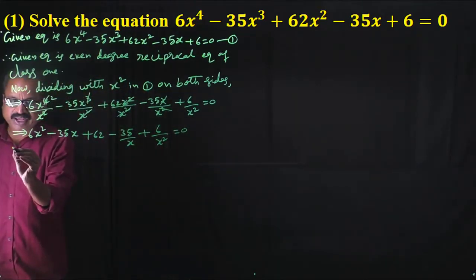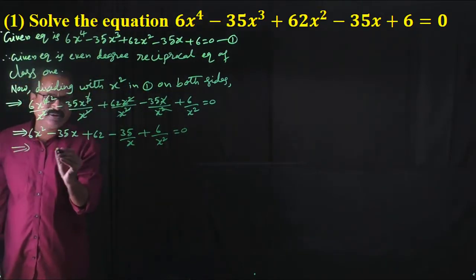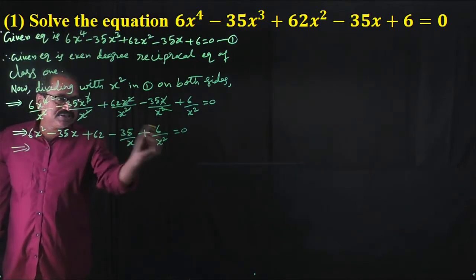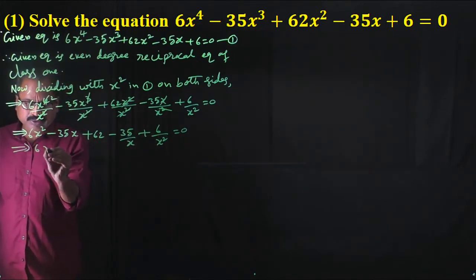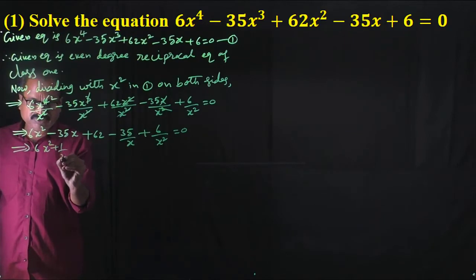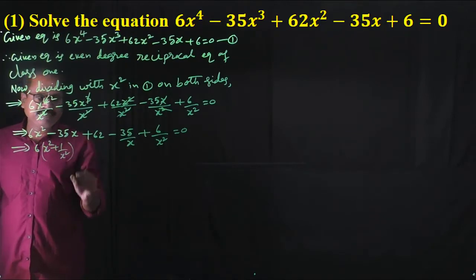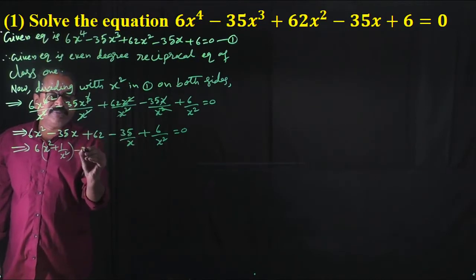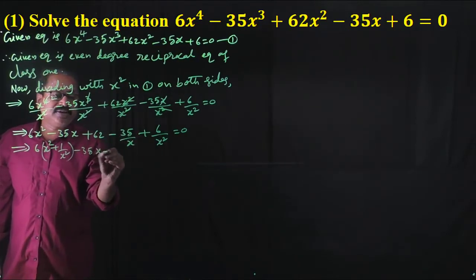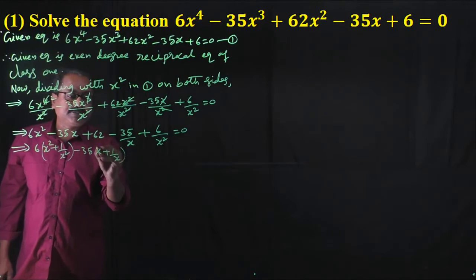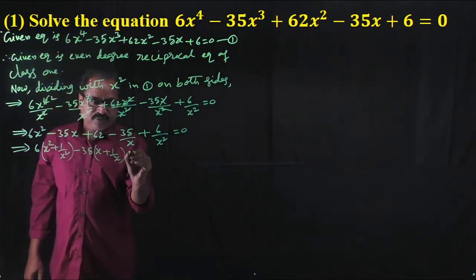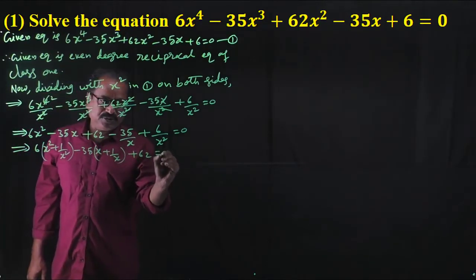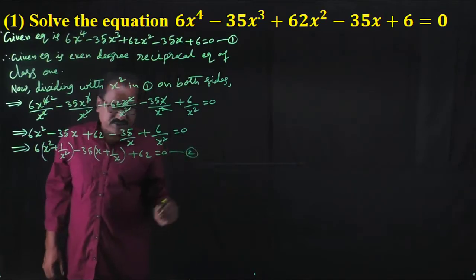So this implies 6(x^2 + 1/x^2) - 35(x + 1/x) + 62 = 0, here minus 35 is the common factor. This is equation number 2.